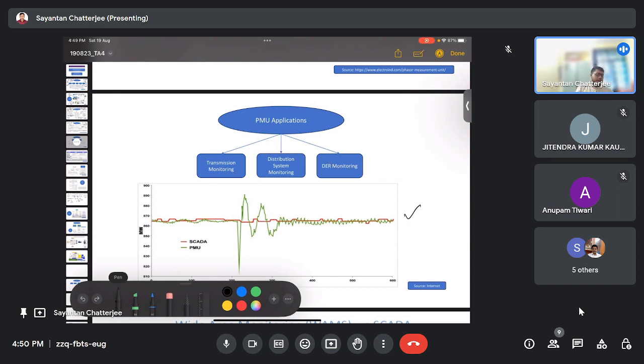So the entire dynamic behavior can't be captured with the help of SCADA.